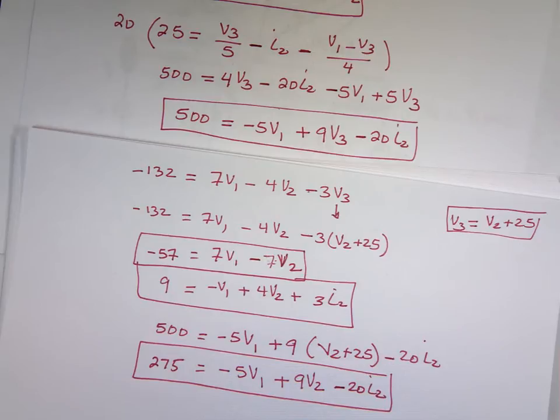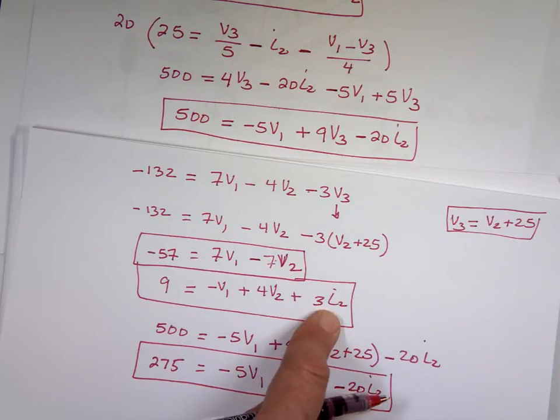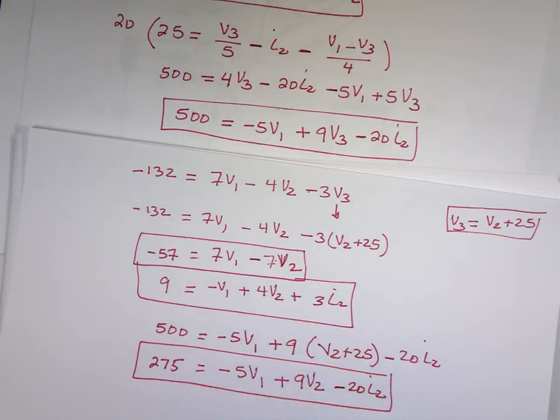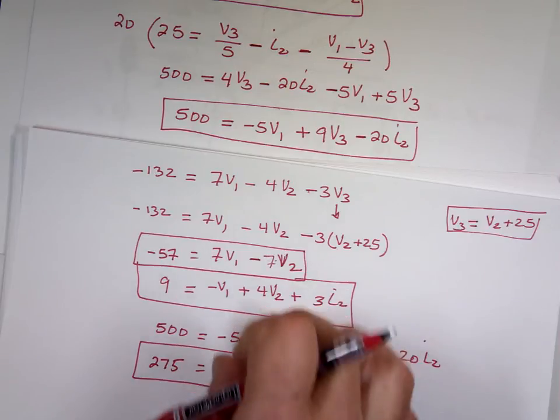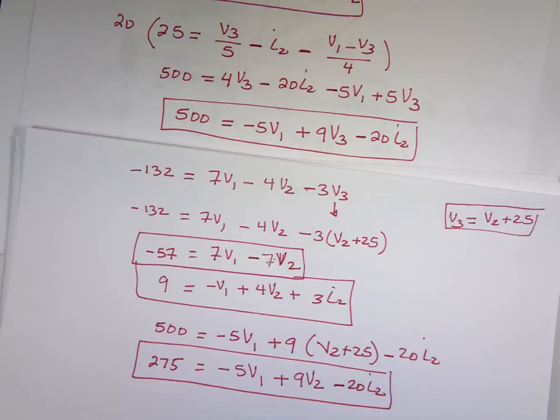And now I get three equations by three unknowns. I can solve for I sub 2 and plug it in, use substitution if I want to, and shrink this to two equations by two unknowns, instead of all this craziness that you saw there.